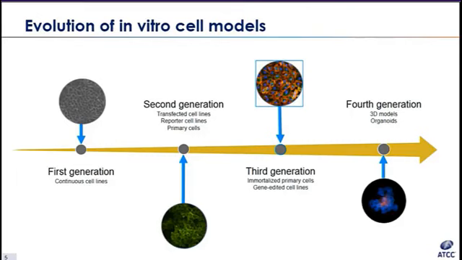The next generation of cell models included gene-edited cell lines using such technologies as CRISPR, along with the development of immortalized primary cells, which combine primary cell physiology with the growth properties of a continuous cell line. And the current stage of model development is focused on 3D, in either organoid structure or 3D models involving single to multiple cell types.